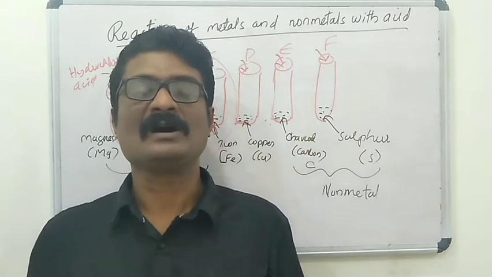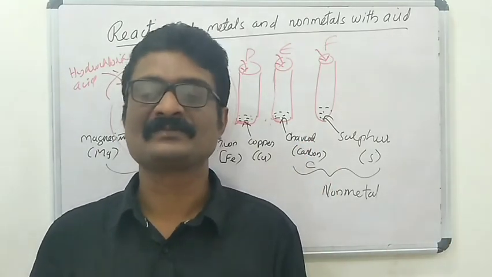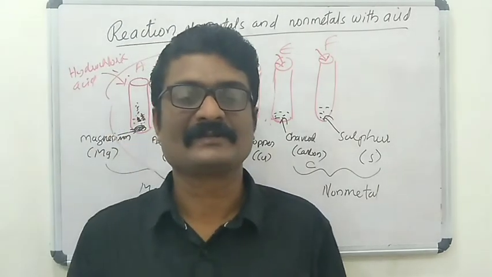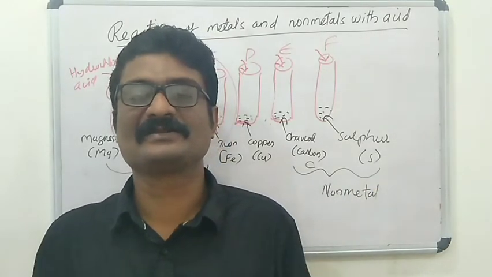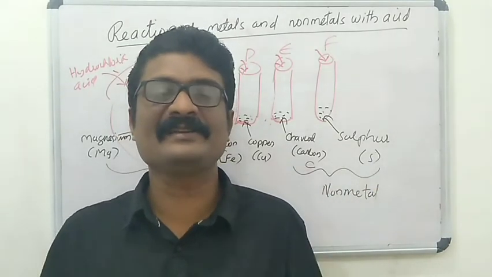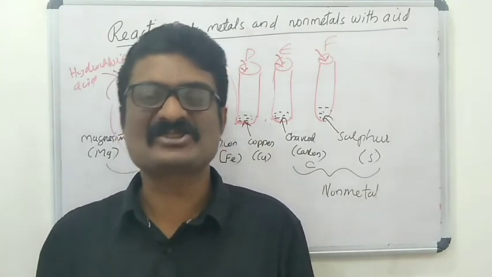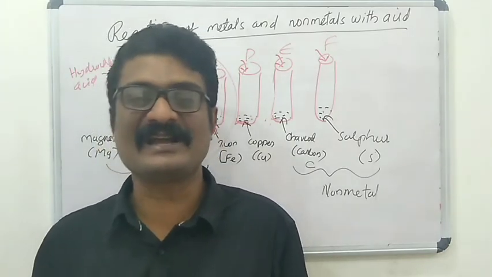Another substance is also formed during the reaction, which is called a salt. In each case you will find hydrogen gas is evolved with the salt. Let us write the reaction using an equation.